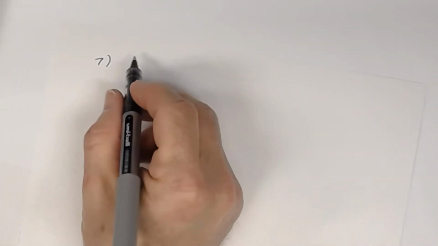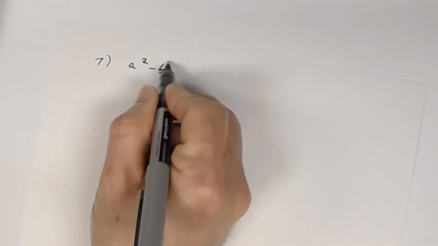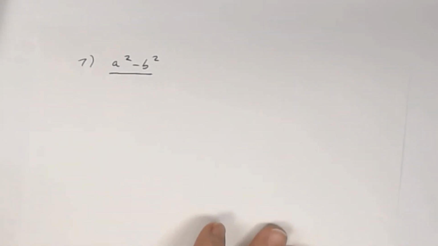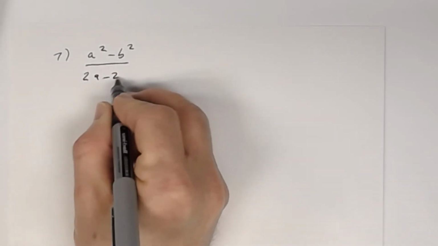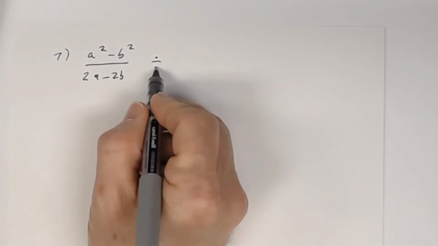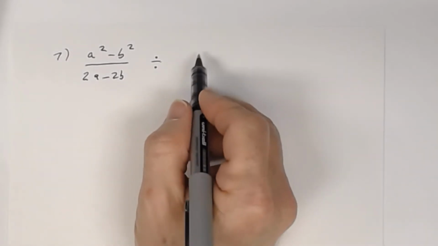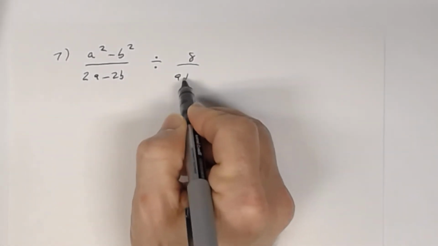So in number 7, I have a squared minus b squared divided by 2a minus 2b, and that's being divided by 8 divided by a plus b.